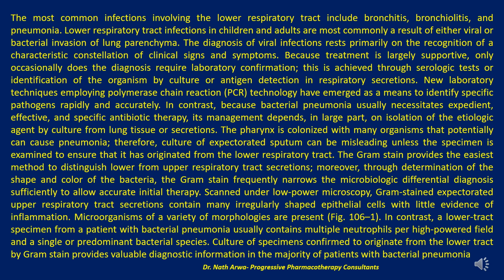In contrast, a lower tract specimen from a patient with bacterial pneumonia usually contains multiple neutrophils per high-powered field and a single or predominant bacterial species. Culture of specimens confirmed to originate from the lower tract by gram stain provides valuable diagnostic information in the majority of patients with bacterial pneumonia.